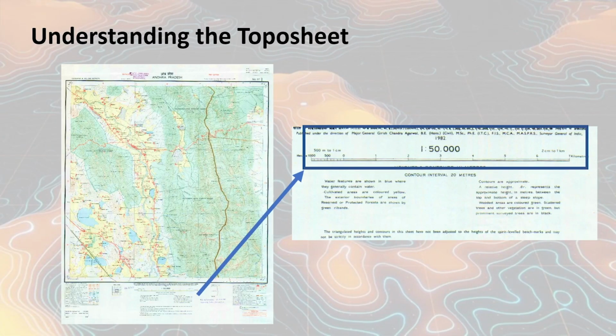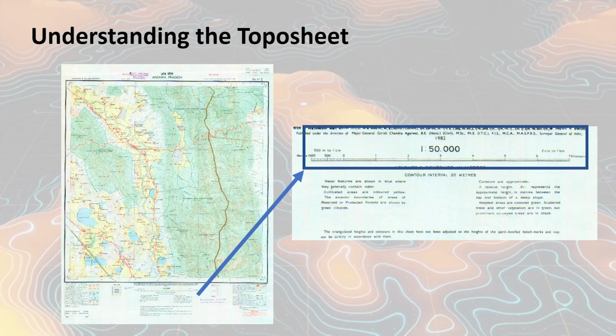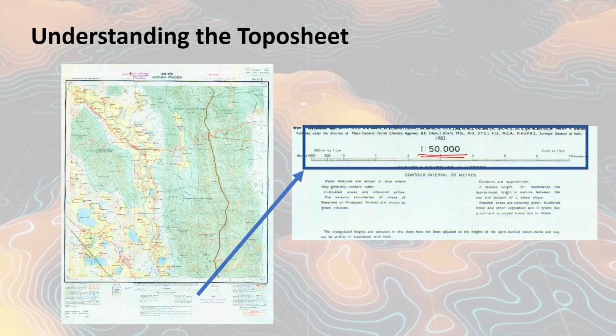So, we will be performing this exercise using a topo sheet, and before we get into it, we need to understand our topo sheet. So, presently what you need to focus on is this. At the bottom of your topo sheet in the middle, you will find the scale that is used.